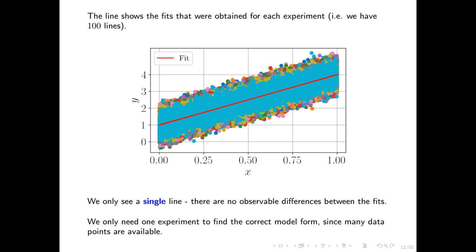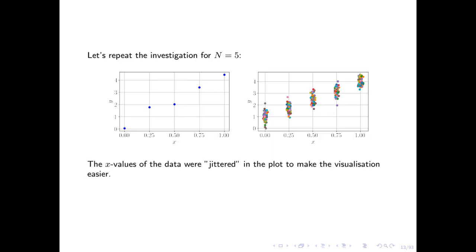If we redo this experiment for five data points, on the left are the original 5 data points. On the right, I generated 5 data points 100 times, and I just added a bit of noise on the x-axis just to show the distribution of the data points. So again, we have 5 data points, we fit a line to it, we generate new 5 data points, we fit another line to it, and we repeat that process 100 times.